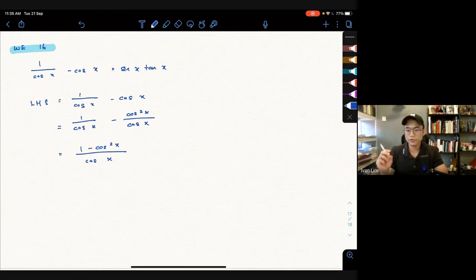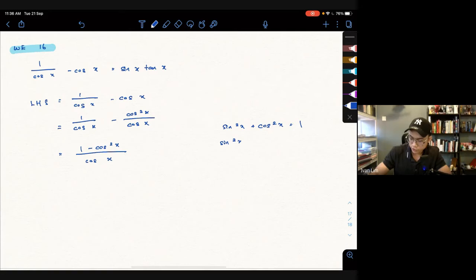Okay, so whenever you see sine square or cos square, just a reminder again, you should think about sine square x plus cos square x equals to 1. You can move around also on the equation. So sine square x plus cos square x is equals to 1, right? Can I maybe replace the 1 minus cos square x with something?